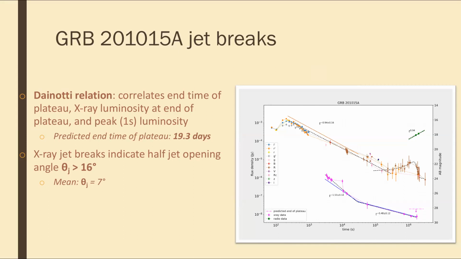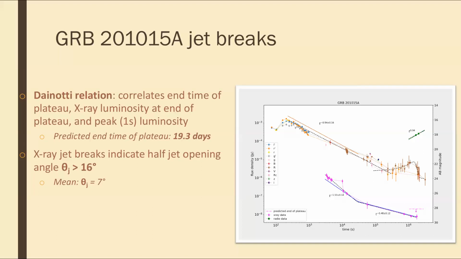So based on what happens in the first 1 second of the gamma-ray burst in the gamma rays, we can predict what is going to happen in the X-rays at late times, which is a very interesting relation. And it shows that after this time, there should be a jet break, which our data doesn't disagree with.